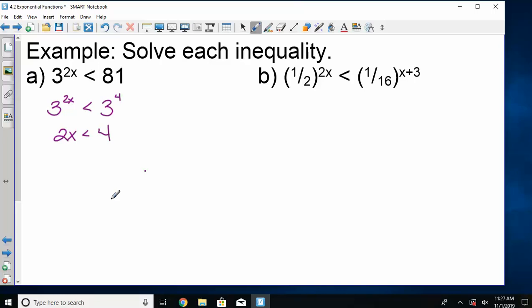The only thing you have to remember, just like any other time you're dealing with inequalities, if you multiply or divide by a negative, it flips that inequality. Otherwise, it stays the same. So then I would divide by 2, and I get x is less than 2. Now, I expect your answer to be written in interval notation. So less than 2, how would I write that as an interval?